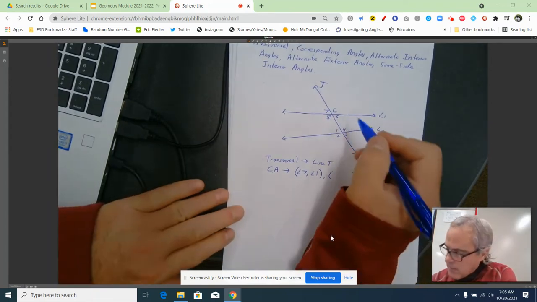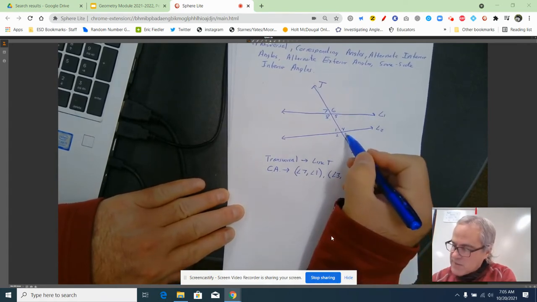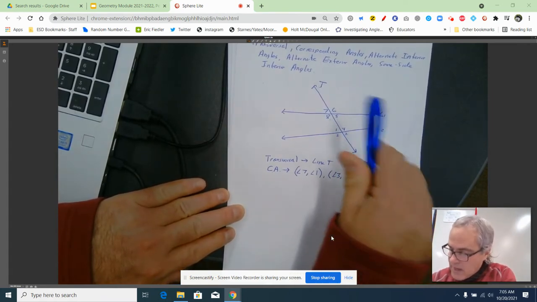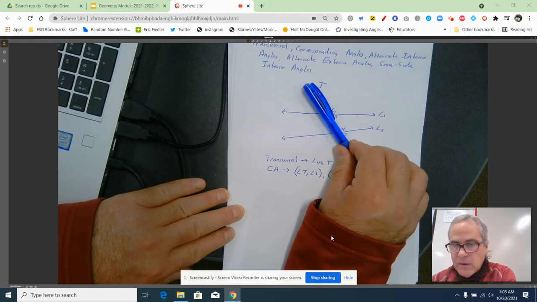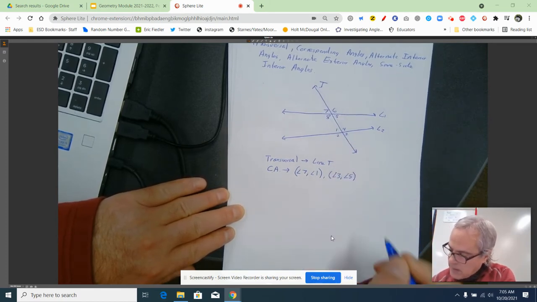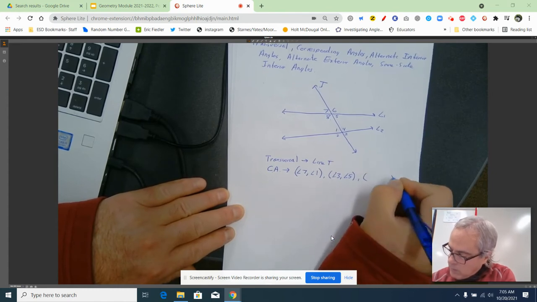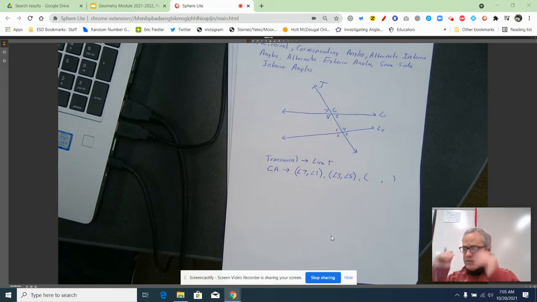Okay, how about angle 3? Angle 3 is in the exterior, right? I need one on the same side of this transversal, not adjacent to angle 3, and in the interior. Well, that would have to be angle 5. There is one more. Let's do one more just to try and get the hang of it.